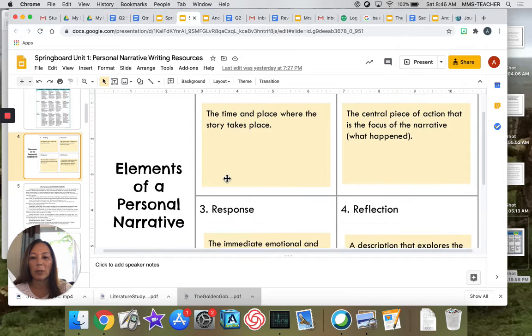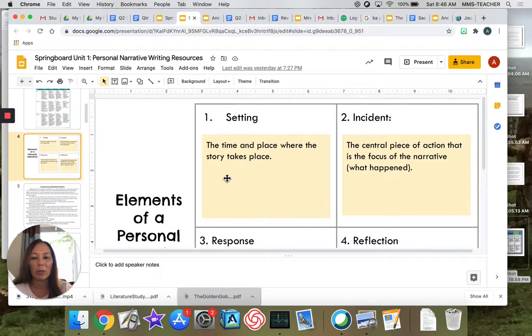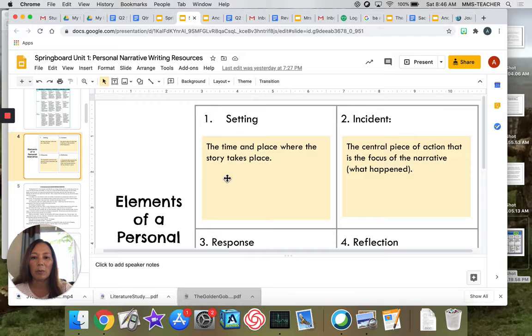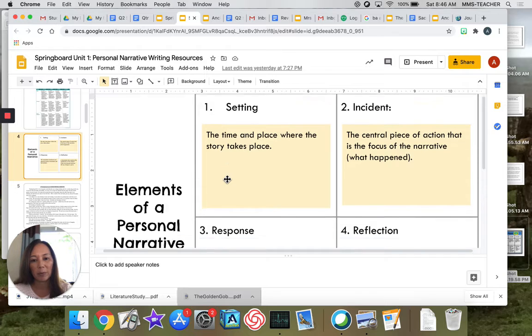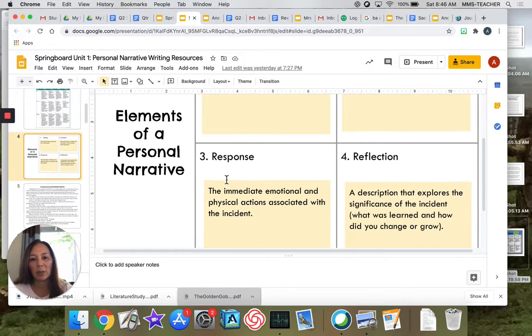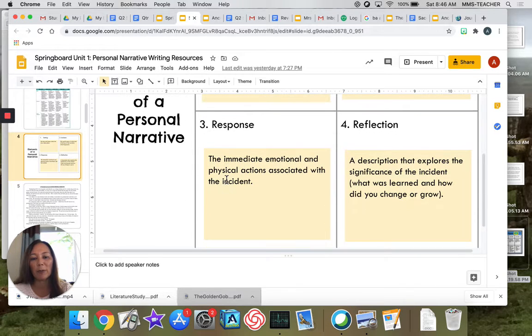So these are the 4 elements of a personal narrative. So 1, setting, the time and place where the story takes place. Number 2, incident, the central piece of action that is the focus of the narrative, what happened. 3, response, the immediate emotional and physical actions associated with the incident.